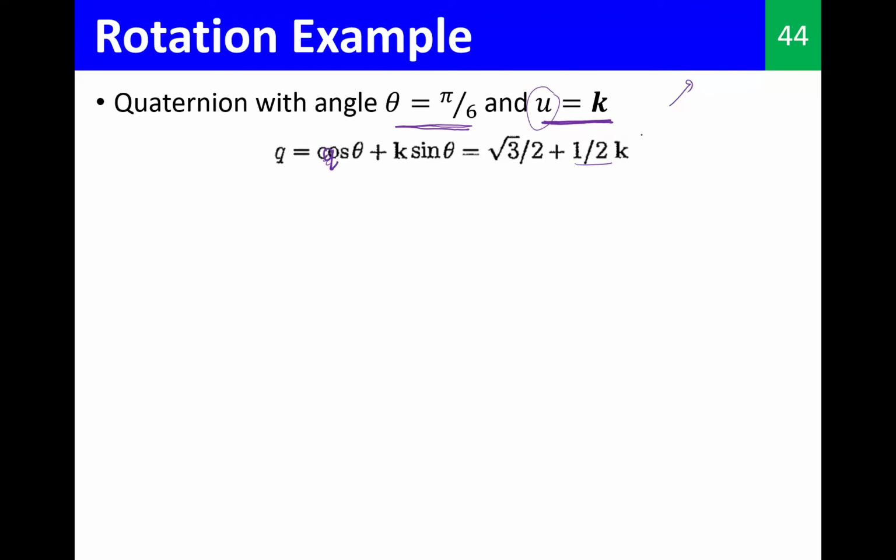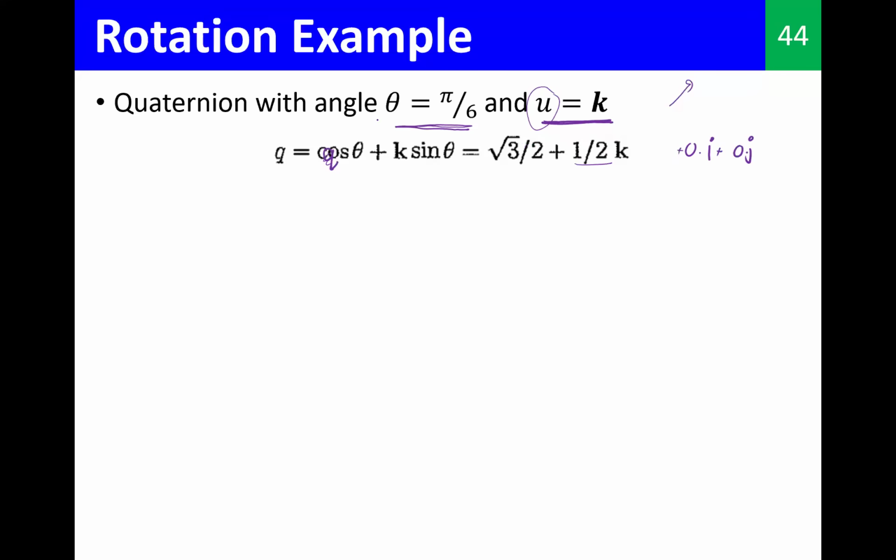So this is my quaternion. Now this is a very simple quaternion. Of course, I purposely chose a simple quaternion without i and j parts. So all these parts are 0, just to check how much the vector is rotated by the quaternion, right?